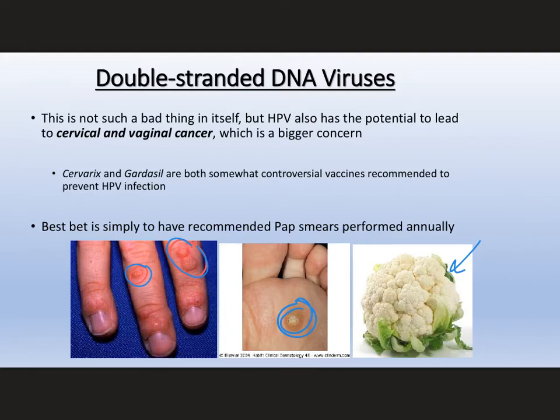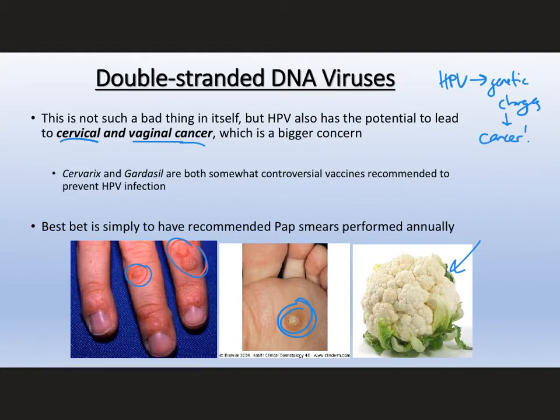Now, the reason that HPV has become such a big concern is that scientists tied HPV to cervical cancer. In fact, cervical and vaginal cancer. What they showed is that the HPV virus can cause genetic changes in cells that lead to cancer.